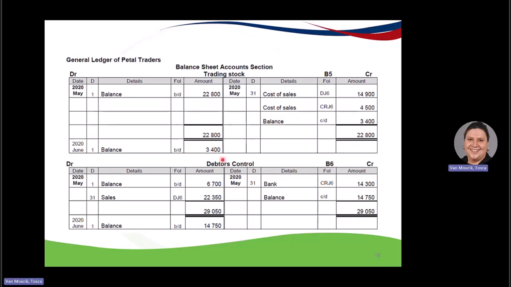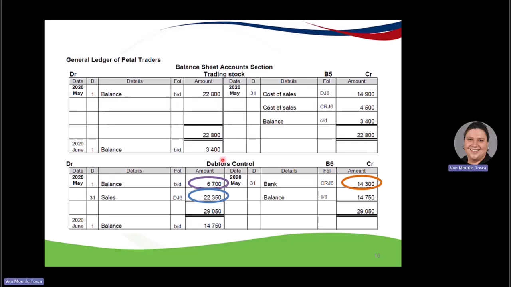If we look at the debtors control itself, we have the opening balance of 6,700 that was given to us. We also had some new sales this month, so we have new credit sales of 22,350. But we had some good debtors, and they have paid a total of 14,300.